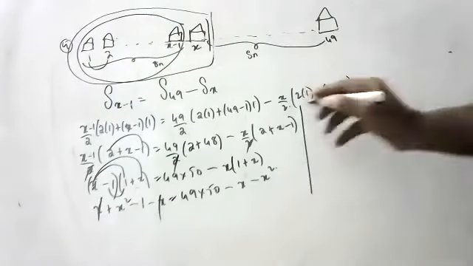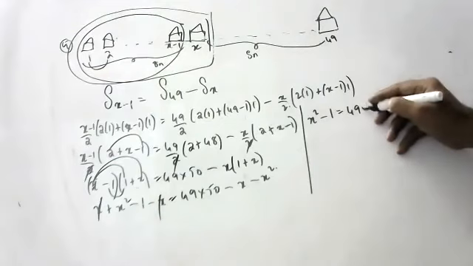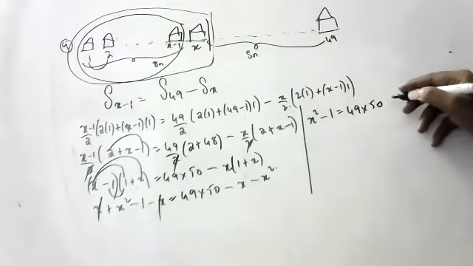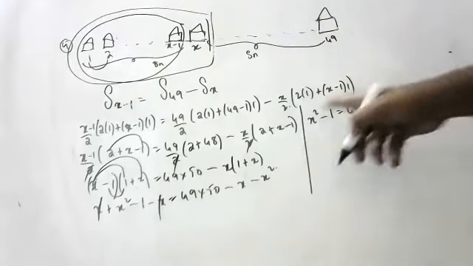Let's check. X square minus 1 is equal to 50 minus x minus x square. Is it x square only? Brackets if we substitute. Minus x square you bring here.